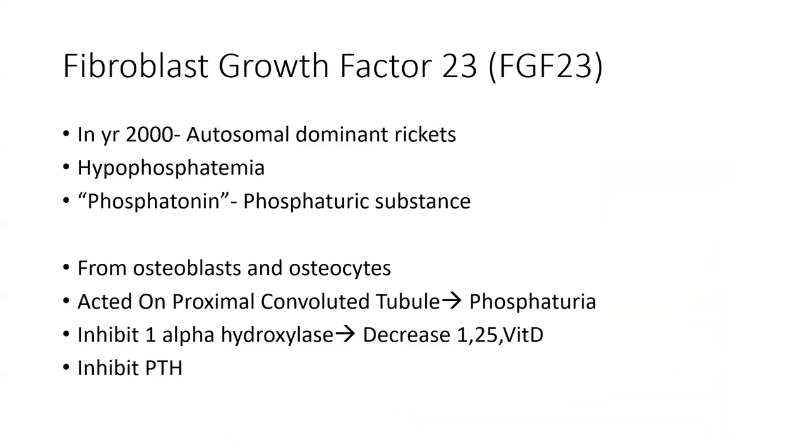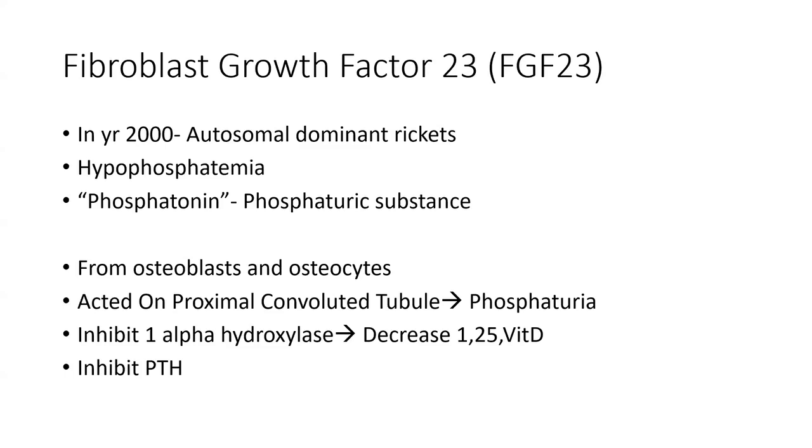So a few facts about fibroblast growth factor 23, FGF23. In year 2000, this disease called autosomal dominant rickets was identified. In this autosomal dominant rickets, they found that the patient was having persistent hypophosphatemia. And that is when they found that this hypophosphatemia was due to a phosphatonin, which is a phosphaturic substance.